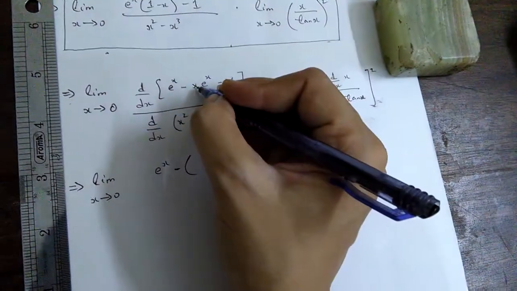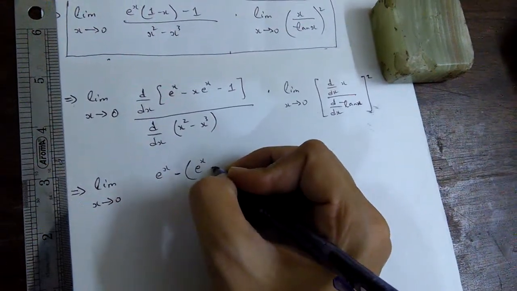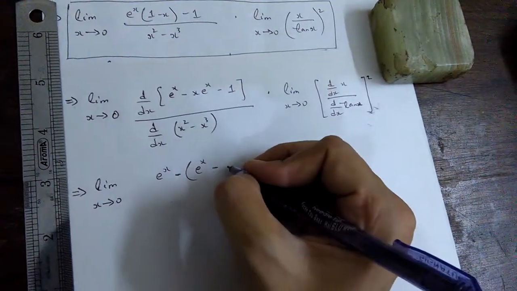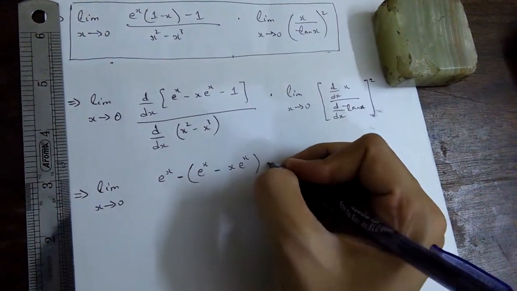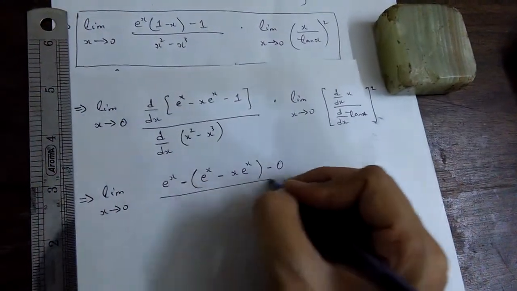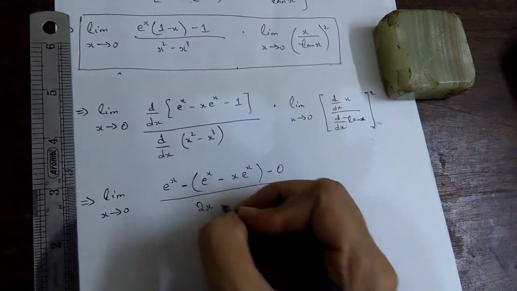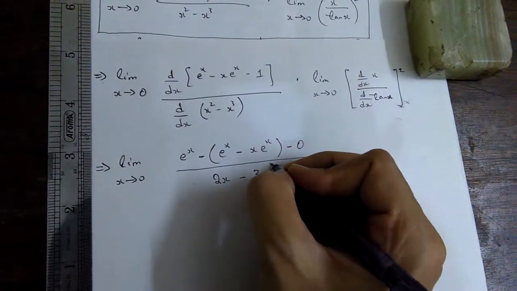So the derivative of x is 1 into e power x, minus x of e power x. Okay, and the derivative of my 1 is 0 upon the derivative of x squared is this, and the derivative of x cubed is 3x squared.